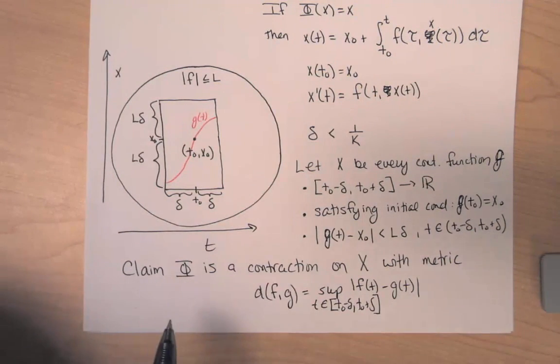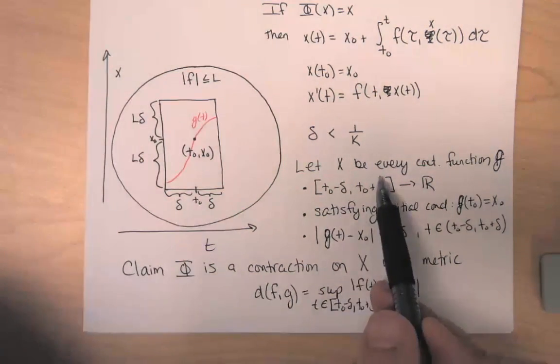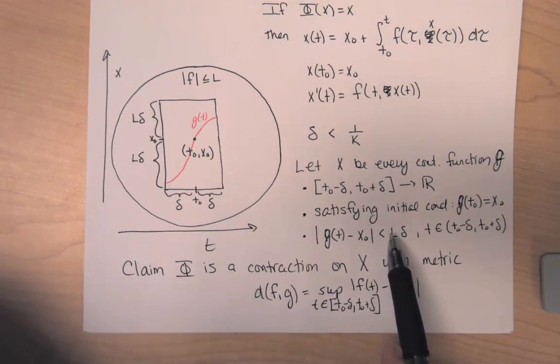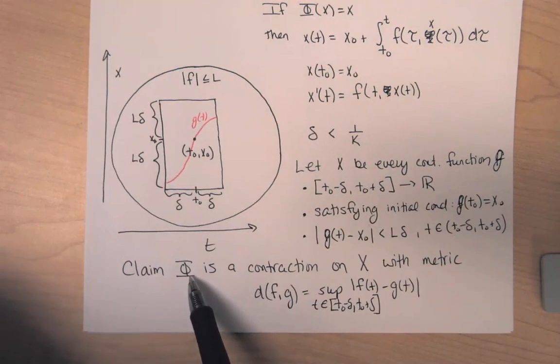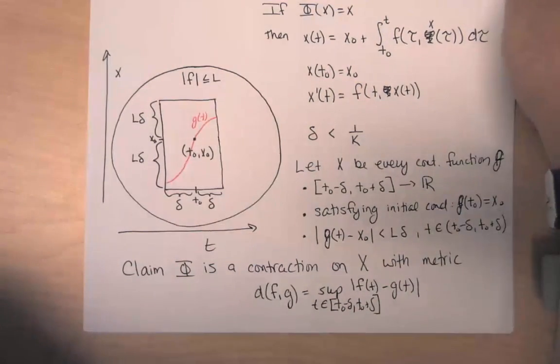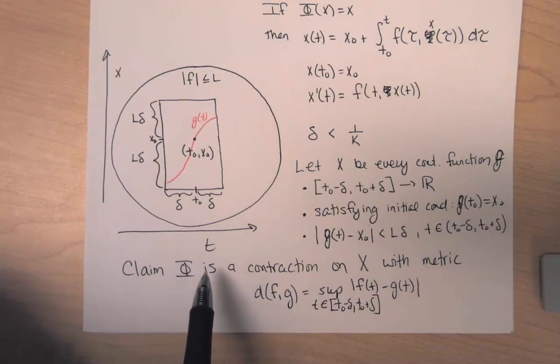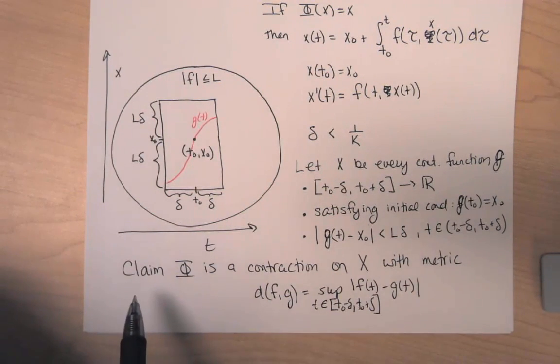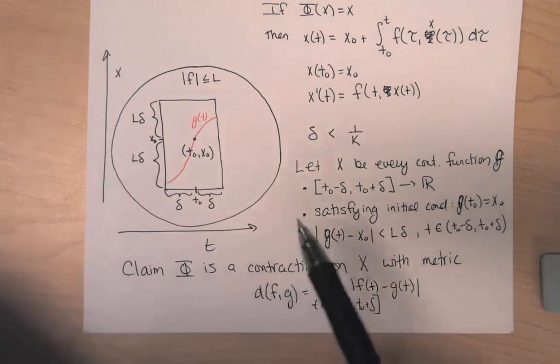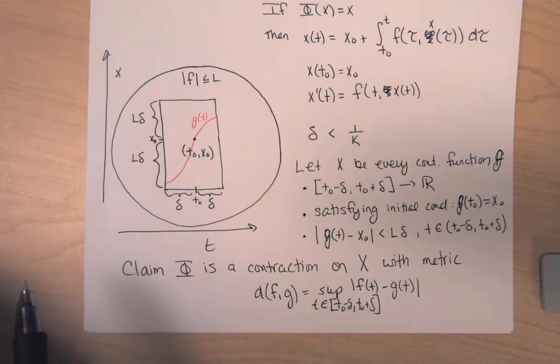Well, one, I'd have to show that for any function satisfying these three bullets, when passing through the mapping of phi, the outcome also satisfies the three bullets. Then I would have to show that the distance between two functions mapped under phi is less than their distance before mapping. If I can show that, then I can show that phi is a contraction. And if I can show that phi is a contraction, then I've shown that I have a unique solution.